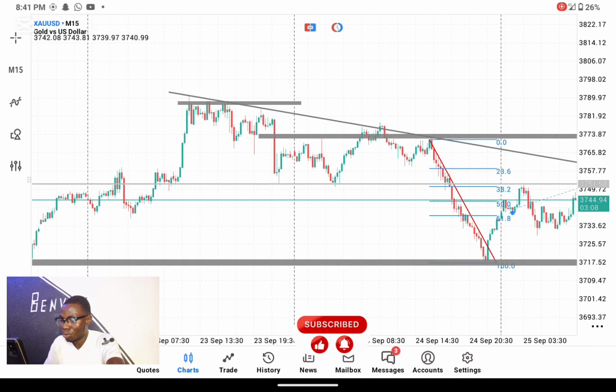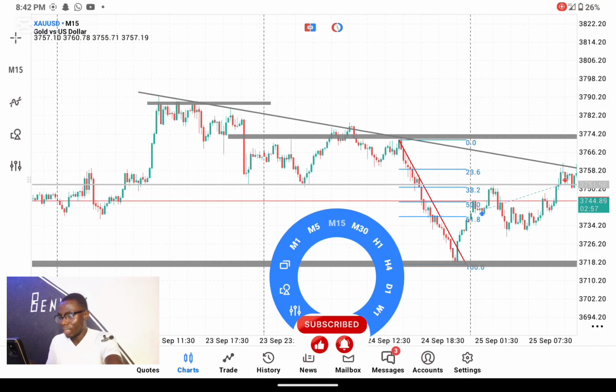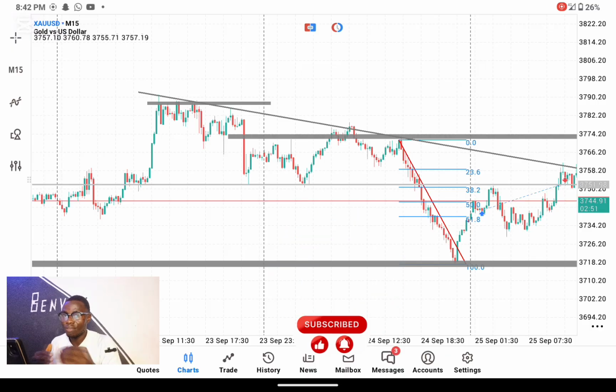Though there is no valid support area here, due to how gold is behaving these days, that was the reason why I entered for a buy.